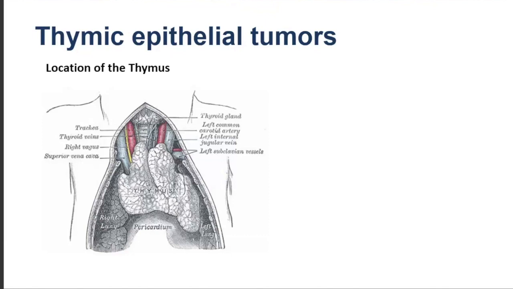As you can see in the figure, the gland is surrounded by critical structures: the heart beneath it and behind it, the lungs on either side, and the great vessels arising from the heart, which are in close proximity to the gland. These have important implications, especially from the surgical perspective.